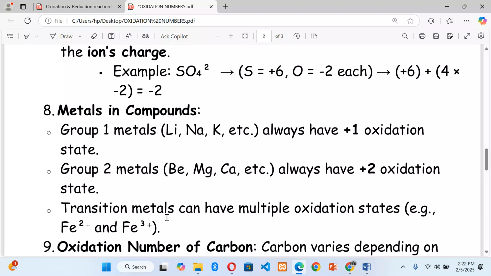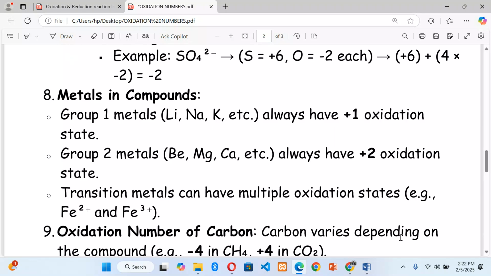Transition metals can have multiple oxidation states, e.g., iron 2 and iron 3. Iron 2 means an oxidation state of +2, and iron 3 means +3. Manganese also has different oxidation numbers, so we shall look at that in our example.